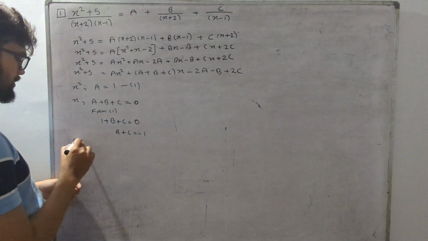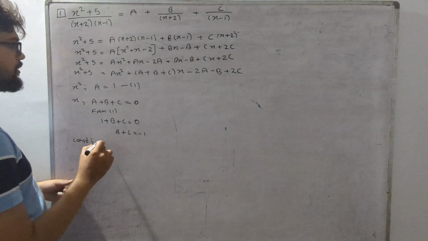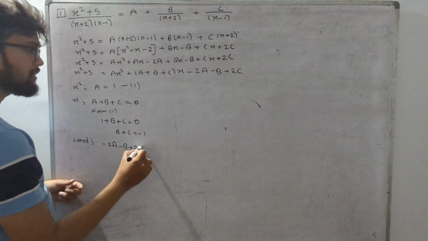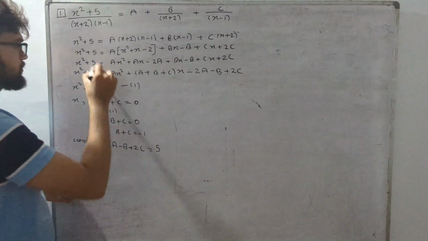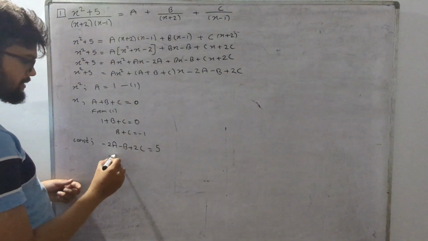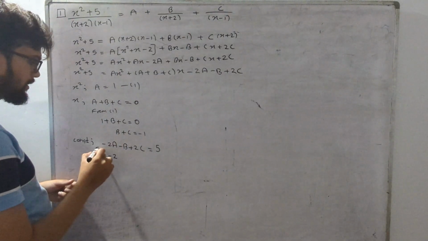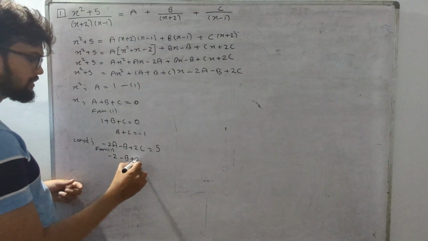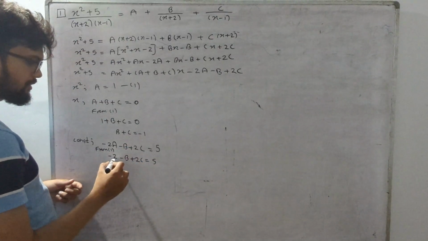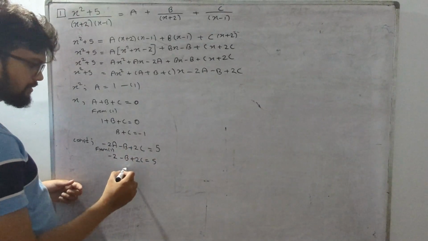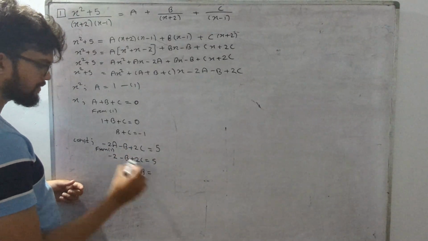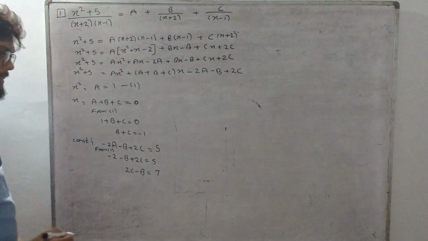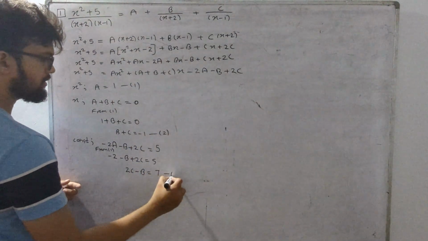When it comes to the constant part, minus 2A minus B plus 2C equals 5. A is 1, substituting 1: minus 2 minus B plus 2C equals 5. Moving the minus 2 to the other side, 2C minus B equals 2 plus 5, which is 7. This is the second equation, this is the third equation.